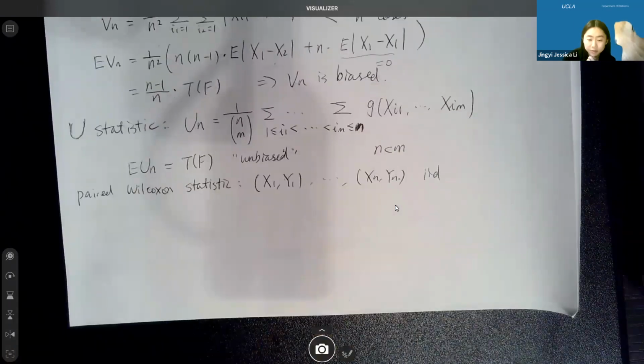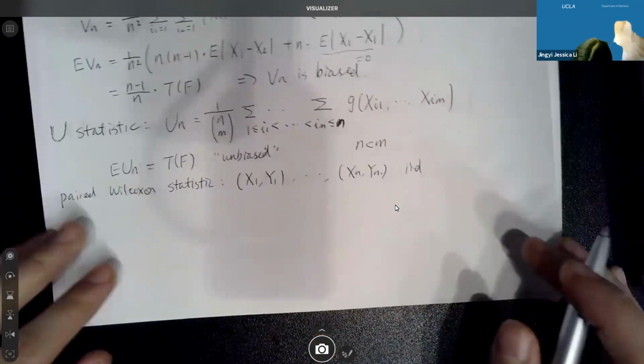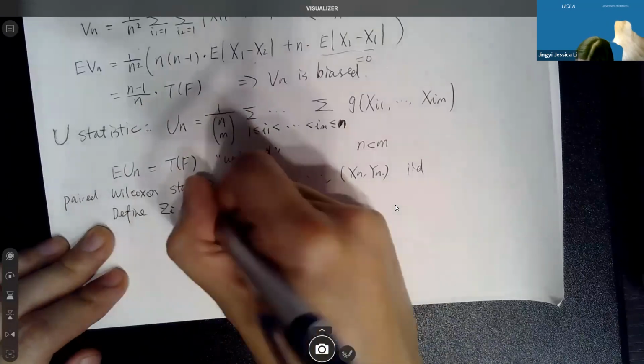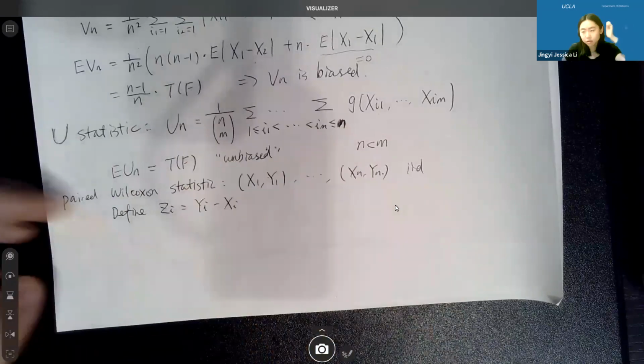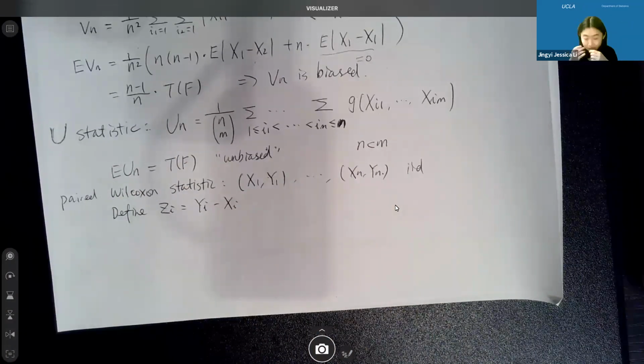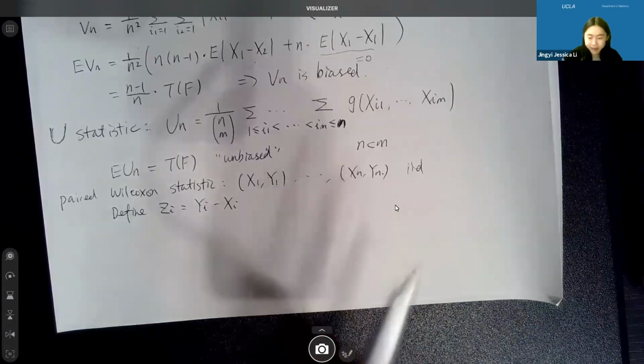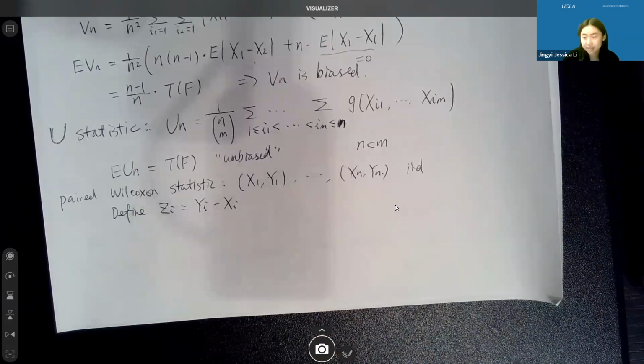Now let's define Z_i as just Y_i minus X_i. The paired Wilcoxon test is still concerned with whether the X1 to Xn and Y1 to Yn actually come from the same distribution, and they're paired. If they do, then it would be natural to think this Z_i would be symmetric about 0, half a chance of taking negative values, half a chance of taking positive values. That's the thing we want to test.